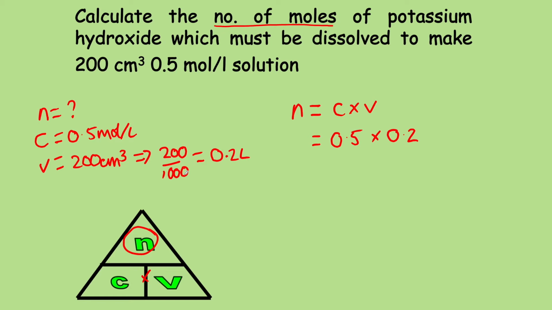So you need to remember this conversion step. That is where you will get tripped up and maybe get this wrong. Remember, you need to convert it into litres. If we do 0.5 times 0.2, put that in your calculator, you should get 0.1 moles. And that should be the final answer.